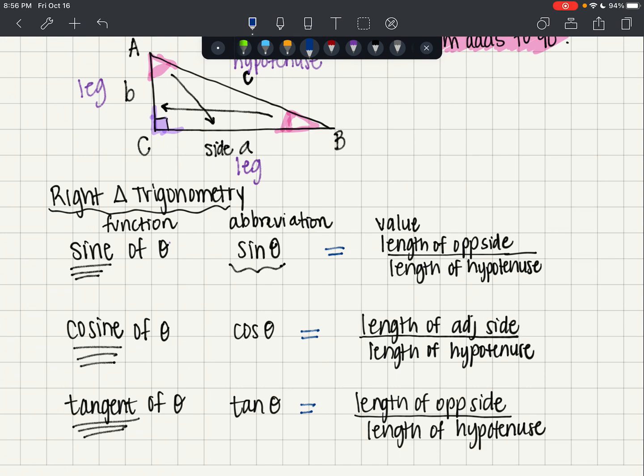There's a shortcut to remember this, and it is: sine is opposite over hypotenuse, cosine is adjacent over hypotenuse, and tangent is opposite over adjacent.